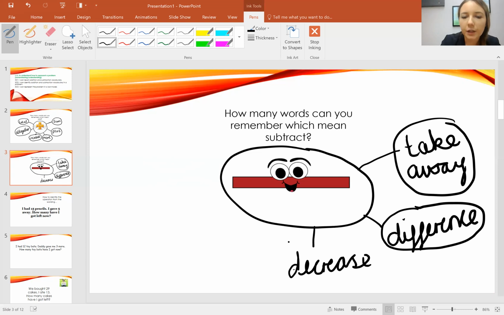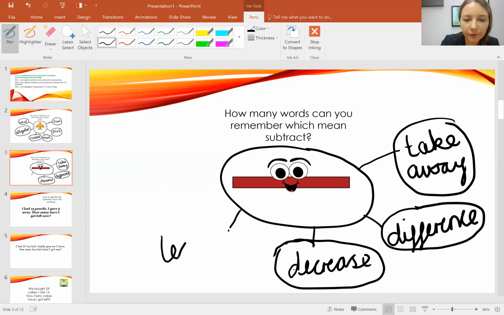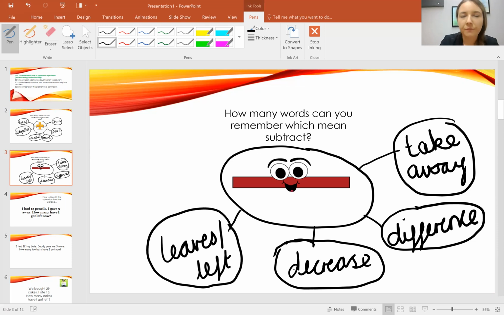You might have come up with the words leave or left. Because if you have 15 people on a bus and 6 people leave, then you are subtracting a number from another number. You are taking a number away.